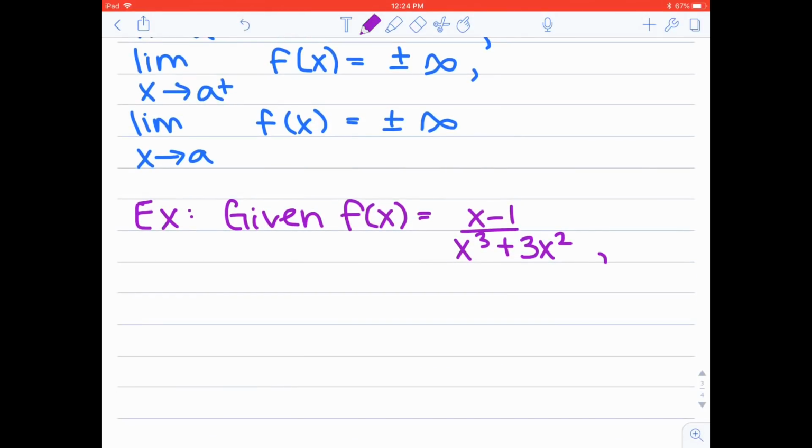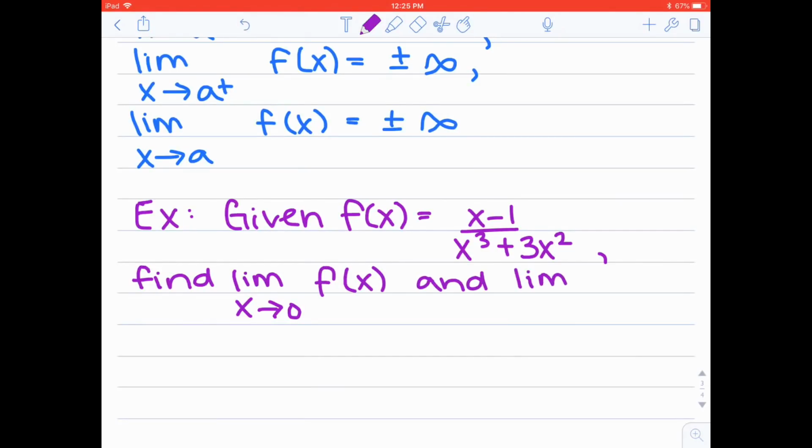And as we work with this problem, we're going to be finding the limit as x approaches 0 of f of x and the limit as x approaches negative 3 of f of x.